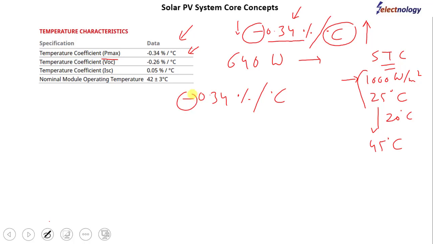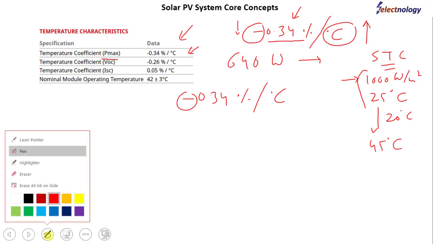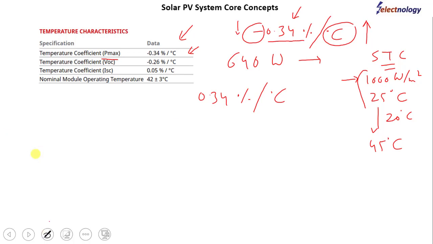Now minus is basically just to indicate that the power parameter shall decrease, so we can remove this. Now let's calculate how much in percentage the rated power shall decrease if the temperature of the PV module increases by 20 degrees centigrade. So we will simply multiply 0.34 by 20 and this comes out to be 6.8%.